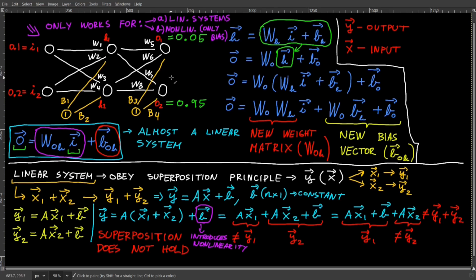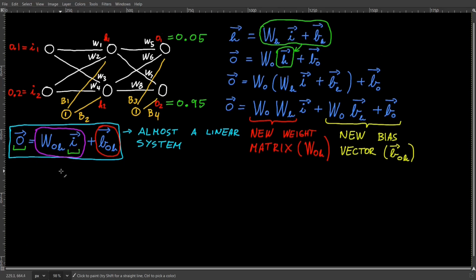However, if the relationship between inputs and target outputs contains other types of nonlinearities, and there are many of them, then the neural network that we have will not be able to find the necessary weights and biases to even approximately map inputs to target outputs. That is why neural networks also have activation functions. Without them, neural networks would be quite useless.